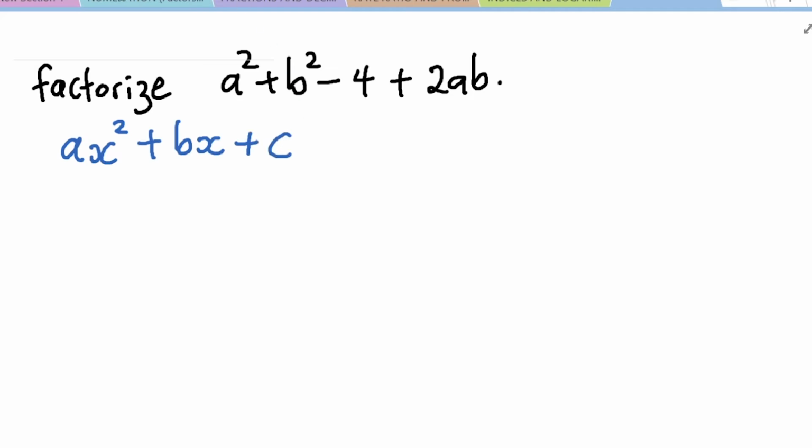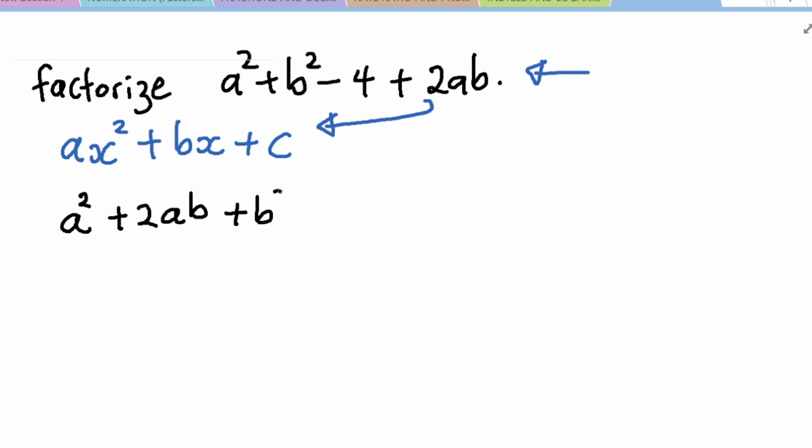So now I am going to rearrange this expression so that it looks like that expression. In rearranging it, I say it is a squared plus 2ab plus b squared minus 4. So in rearranging it, you realize that our value of a actually is the x up there.